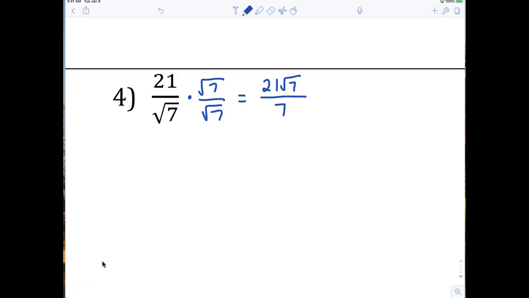And then somebody should notice I could do what? Divide by 7. Yeah, you can reduce the fraction to what? 3 radical 7. Anybody have any questions or concerns with that? I told you, it's very simple.